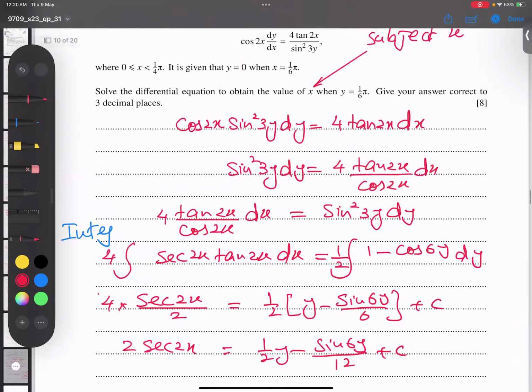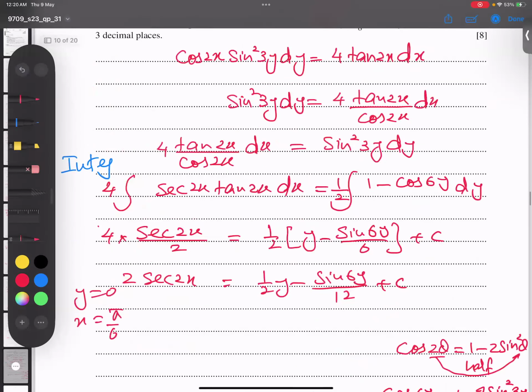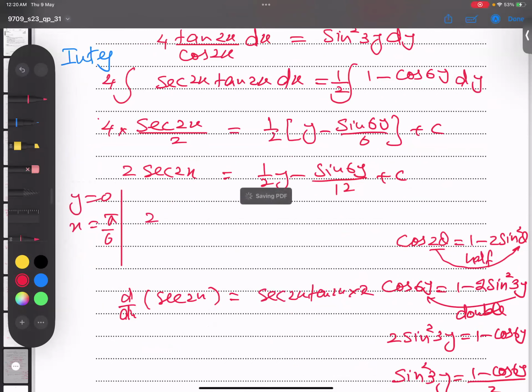Okay, now student, I plug in the values y is 0, and x is 5 by 6. So I'm going to plug it in here and let's see what answer turns out to be. So when I plug in 5 by 6 here, student, what happens then? So 2 secant, what is secant? Secant is 1 by cos. In the calculator, we can type 1 over cos of 2 times 2 pi by 6.